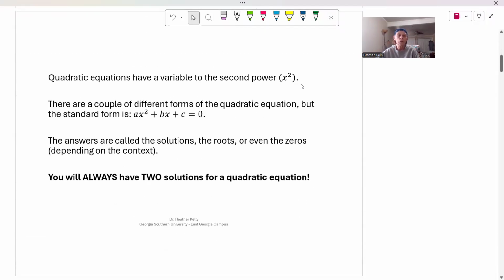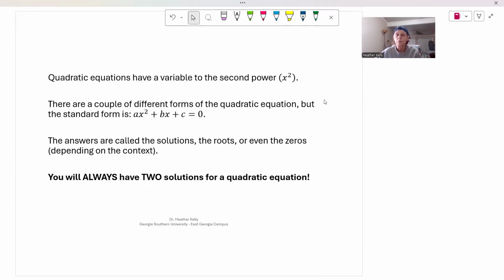All right, so quadratic equations have a variable to the second power. Keep in mind, this is like a rule of thumb. The highest power of x in your equation, the highest power of whatever variable you have in your equation, is going to indicate how many solutions you're going to have at the end. So when we looked at linear equations last time, that was x to a single power, and we were provided with one answer.